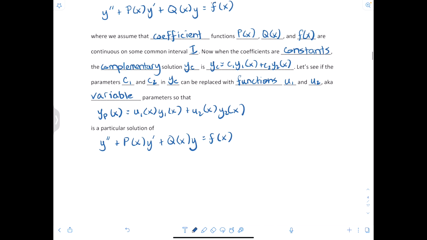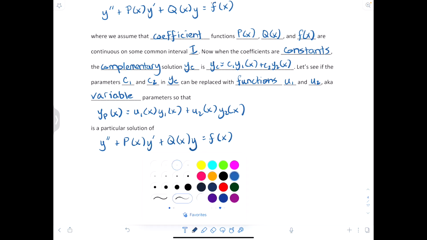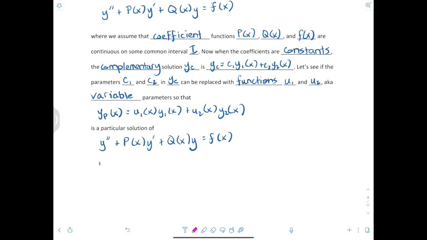Okay, so let's check this out. Remember that our particular solution yp(x) is equal to u1 y1 plus u2 y2.